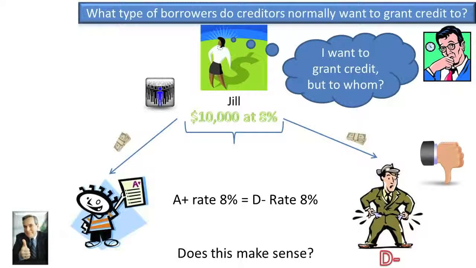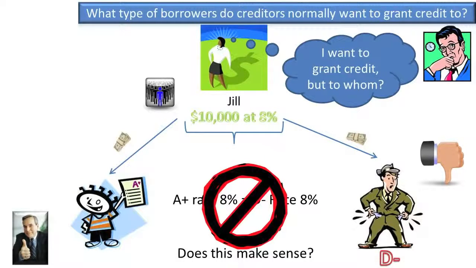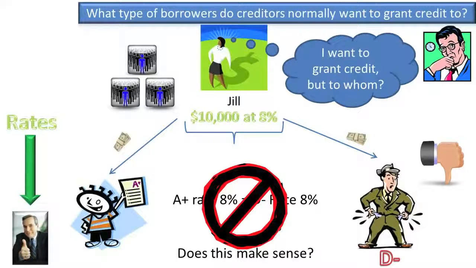Absolutely not. The basic economics of supply and demand would result in a huge demand to lend to A+ borrowers, thus driving down the interest rates for A+ borrowers, and very little demand to lend to D- borrowers, thus driving the interest rate for D- borrowers up.